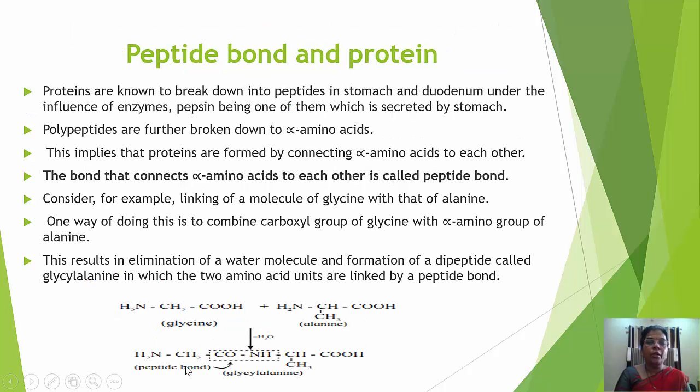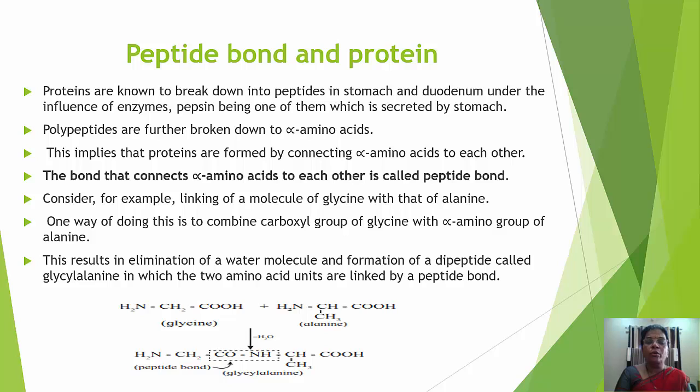Now we are going to see peptide bond and proteins. Proteins are known to break down into peptides. That is, when breaking of protein takes place, formation of peptide takes place in the stomach and duodenum, under the influence of enzymes, pepsin being one of them, which is secreted by the stomach.